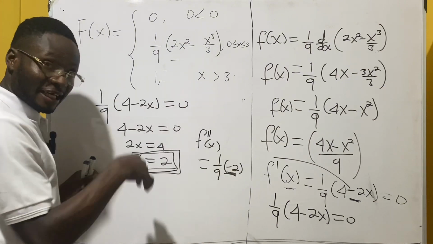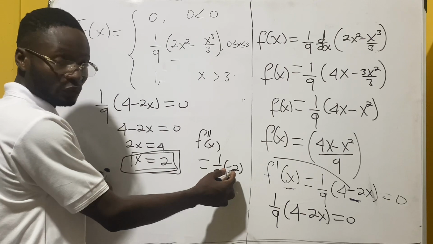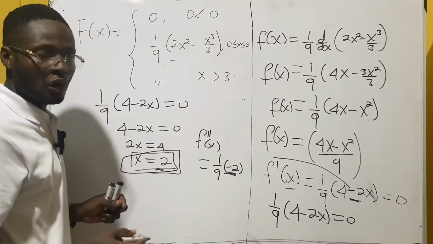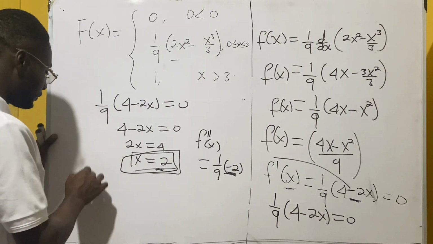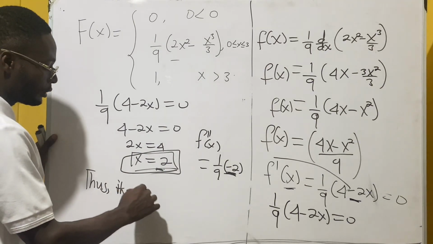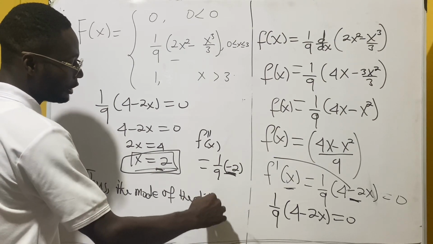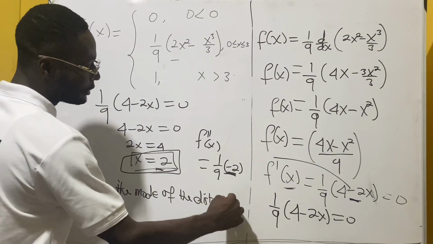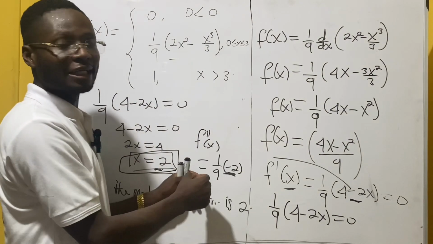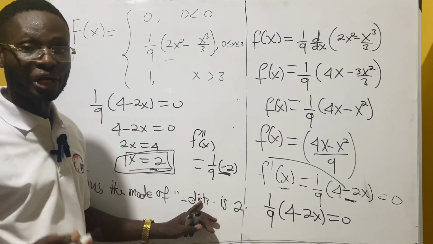So the second derivative is negative, which confirms that x equals 2 becomes the mode of the distribution. So therefore, or thus, the mode of the distribution is 2.